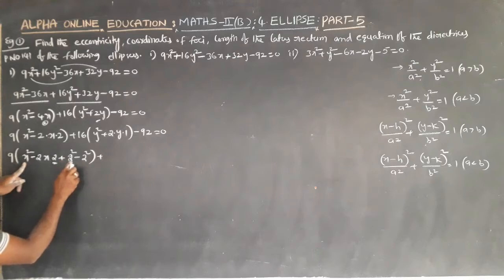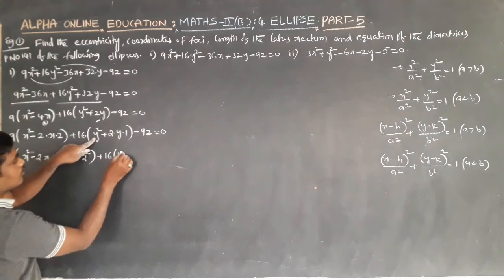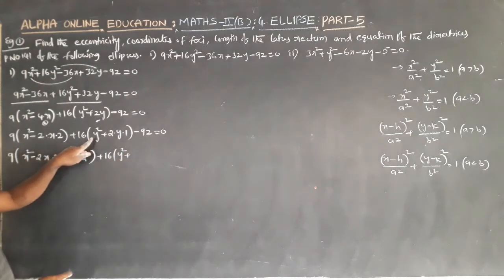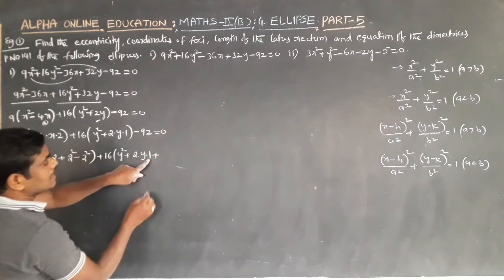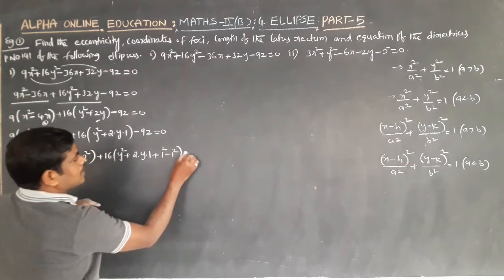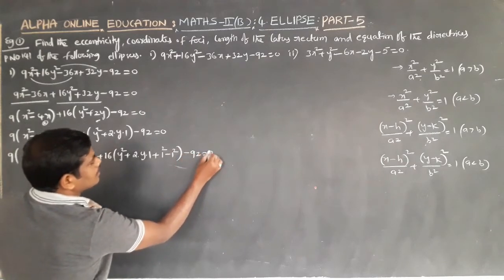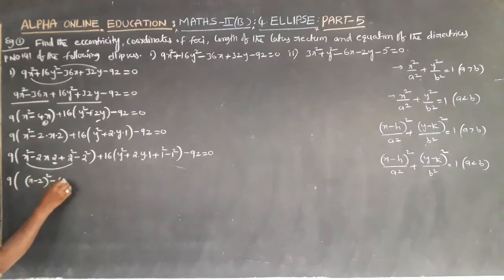So adding and subtracting 2 square, plus 16 into, let y be the a square plus 2ab. Here b is equal to 1, so adding and subtracting 1 square, minus 92 is equal to 0. 9 into x square minus 2x into 2 plus 2 square is x minus 2 whole square, minus 2 square means 4.